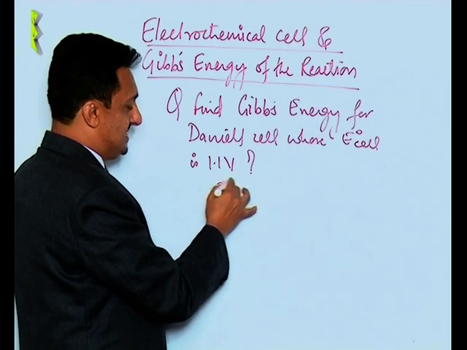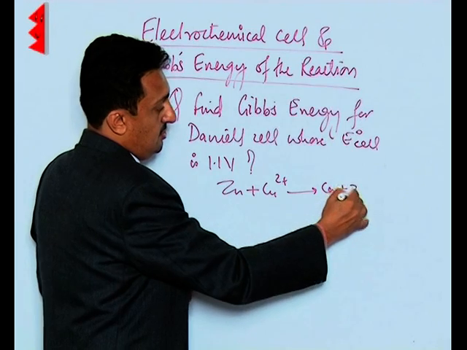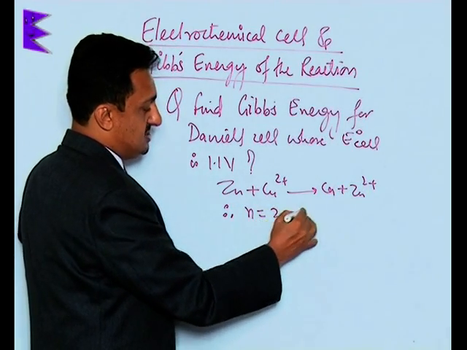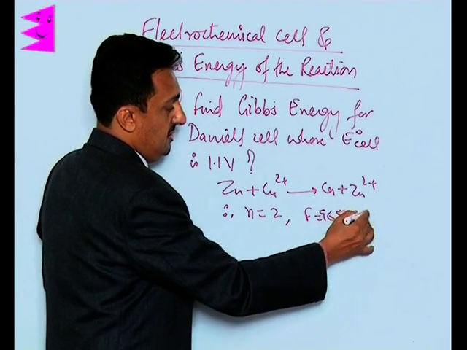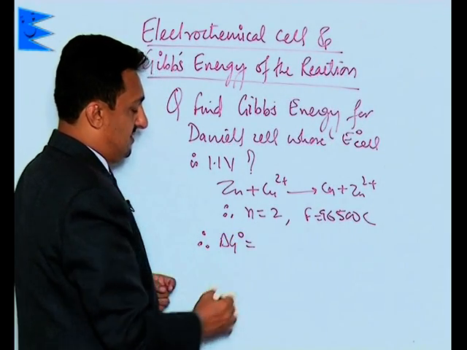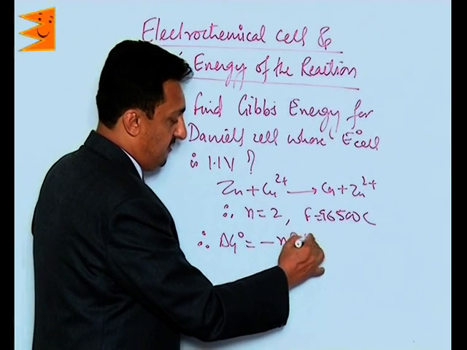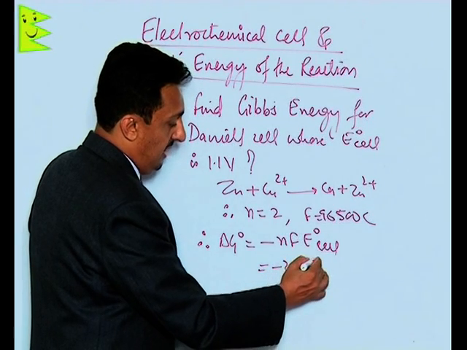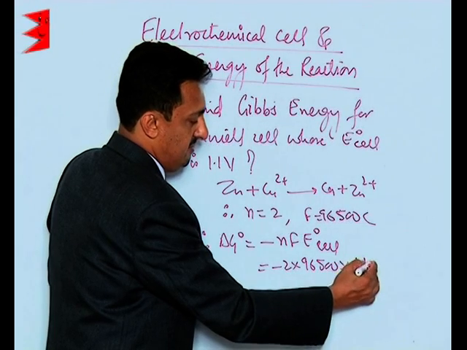Now we know in the Daniell cell the zinc gets oxidized, copper gets reduced, so therefore n is 2, F is 96500 coulombs. So the standard Gibbs energy change will be equal to minus nF E naught cell, minus 2 into 96500 into E naught, which is 1.1 volts.